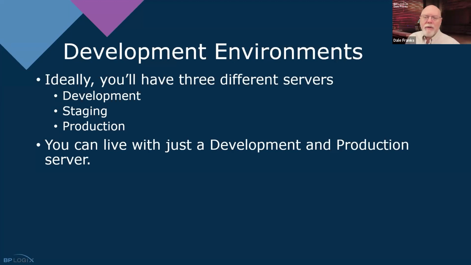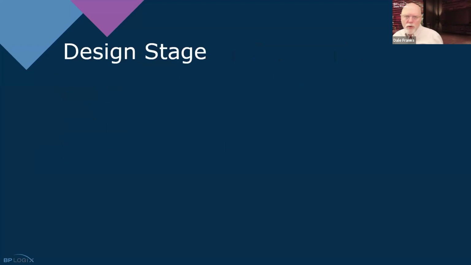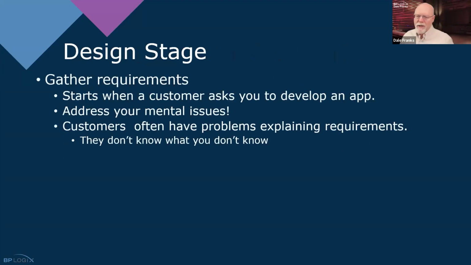So assuming that you have the correct environment and you've gotten a request to create a new application, you then move to the design stage of the application development process. And the first step in the design stage is to create the specifications.